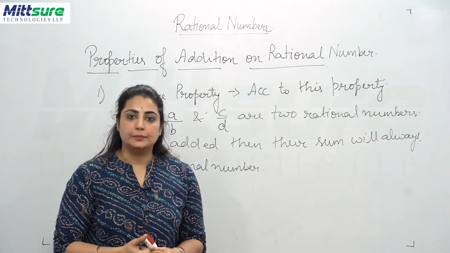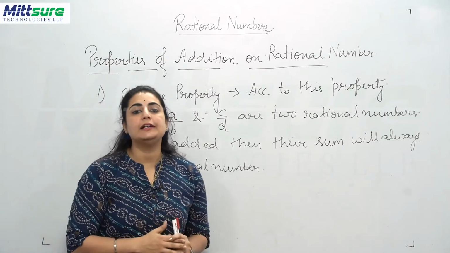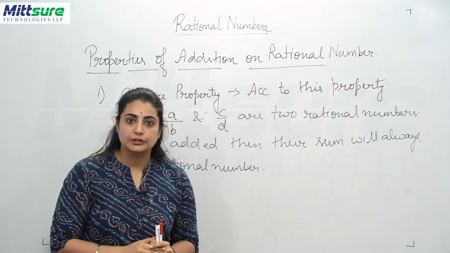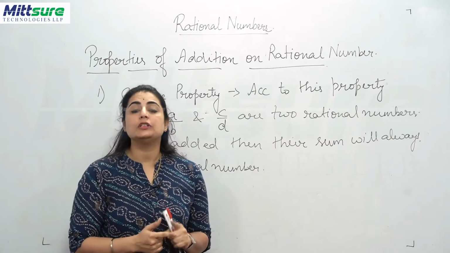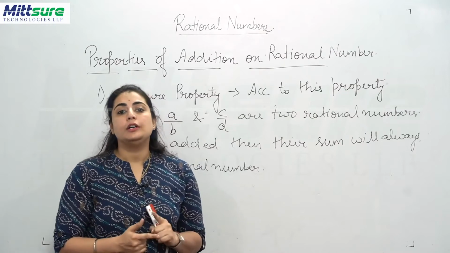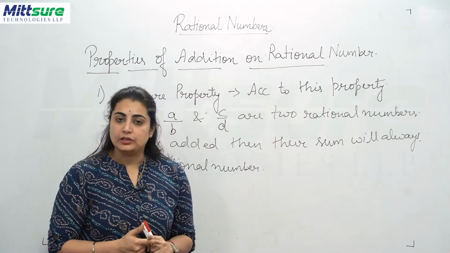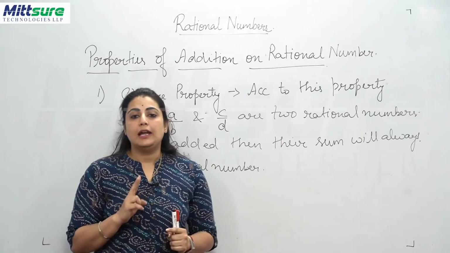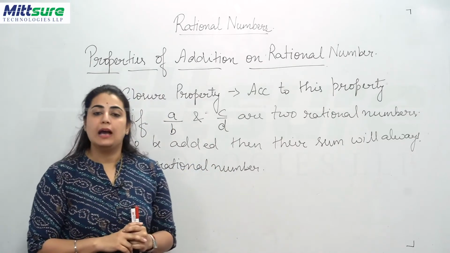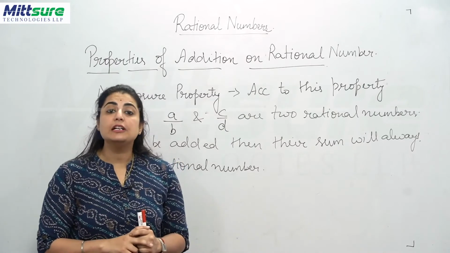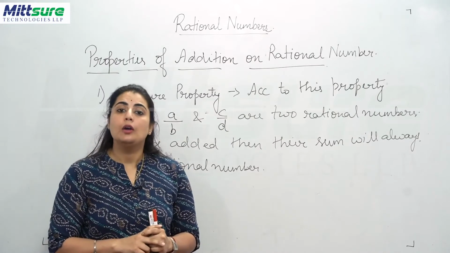a rational number. Similarly, you all have studied about the closure property of integers. The closure property of integers also says whenever two integers are added, the sum is always an integer. Similarly, when any two rational numbers are added, their sum will definitely be a rational number only.